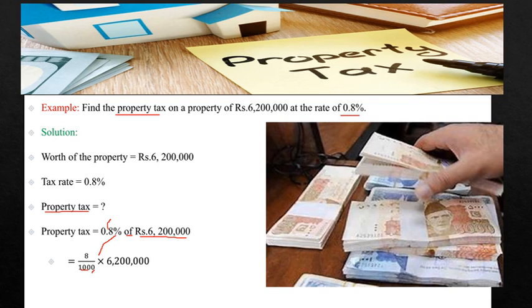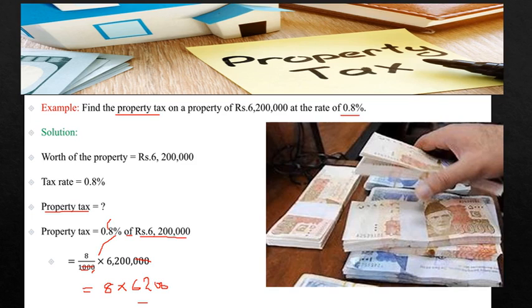Multiply by 62 lakh. Now we can cancel. These three zeros will be cancelled by these three zeros, and that will be equal to 8 multiply by 6200.